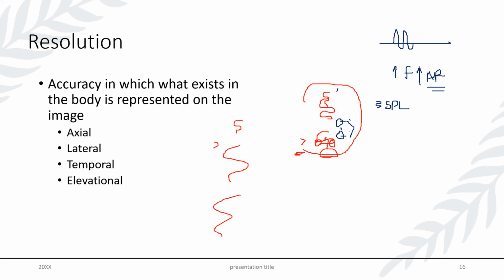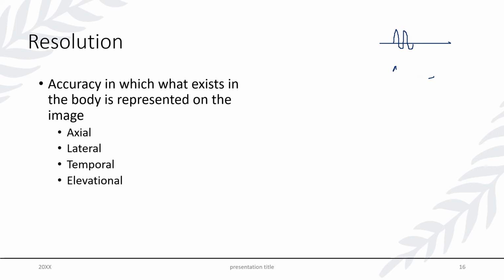Temporal, as you know, is time. One of the things that is very important is that we're trying to scan in real time without a lot of lagging in frame rate. We utilize principle 1: we emit a sound wave and we follow that sound wave by listening time, and then we emit another sound wave.